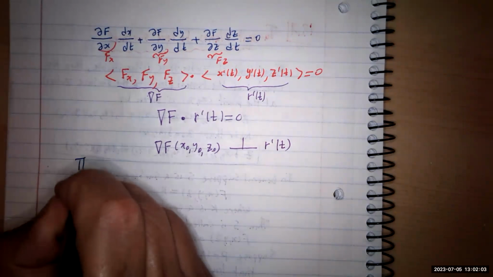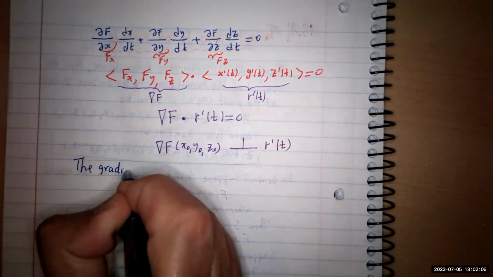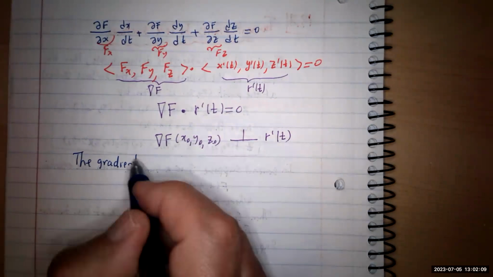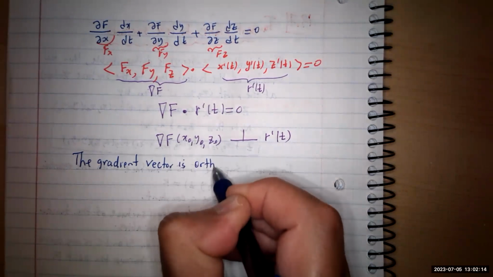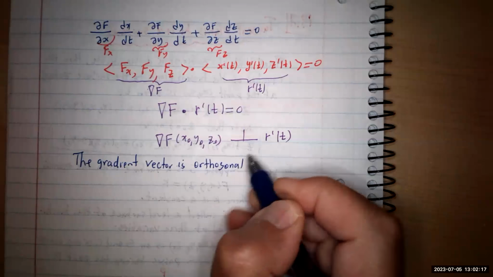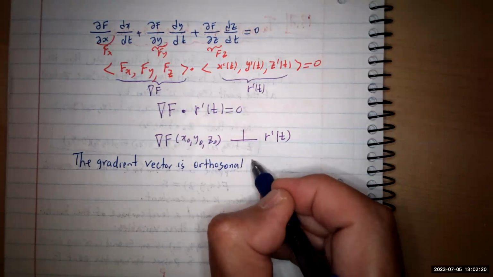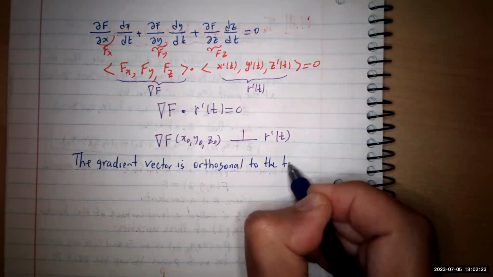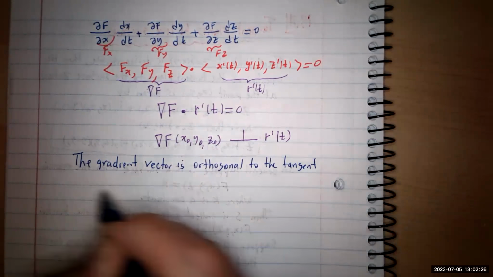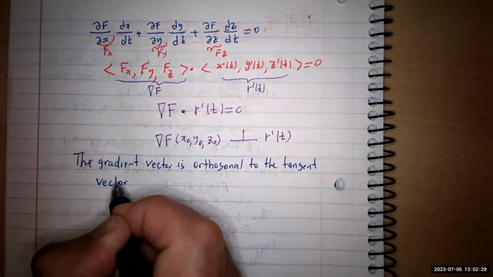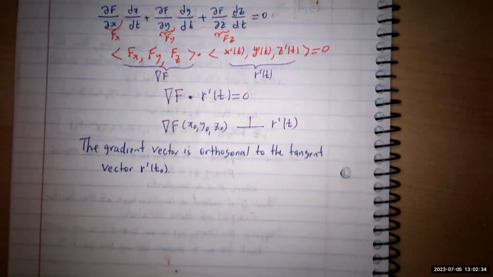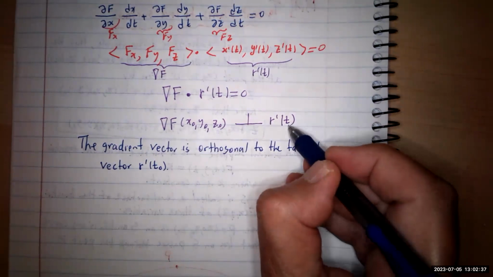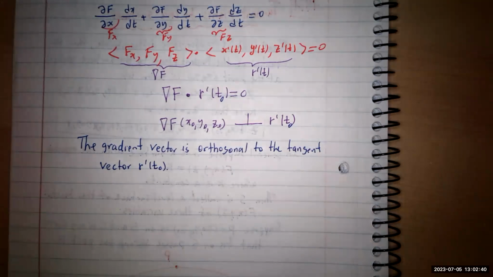So I proved it: the gradient vector is orthogonal to the tangent vector, r prime of t0, because this is happening at t0, at the given point.